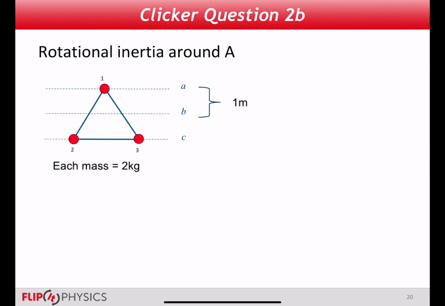If you rotate around A, I_A is the summation of m_i r_i squared, shown here.